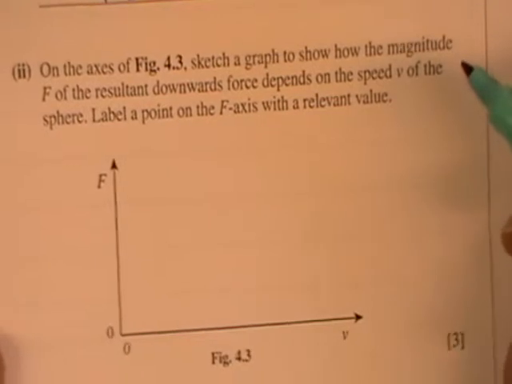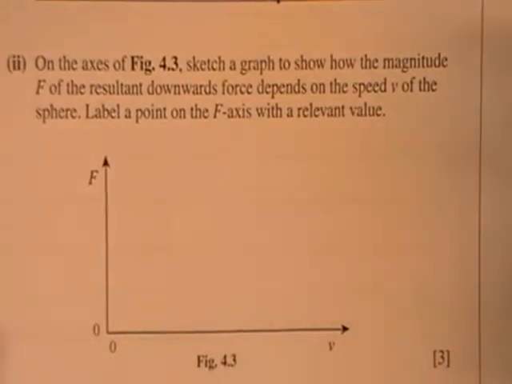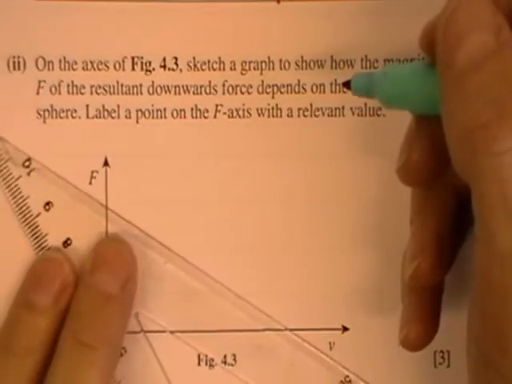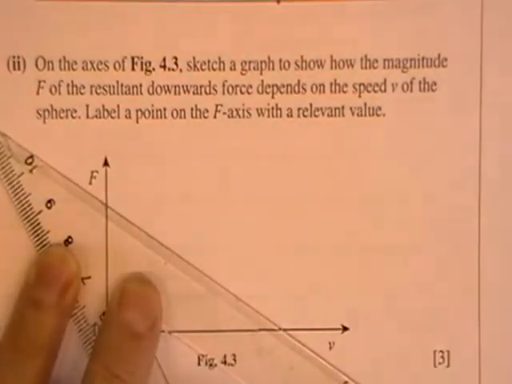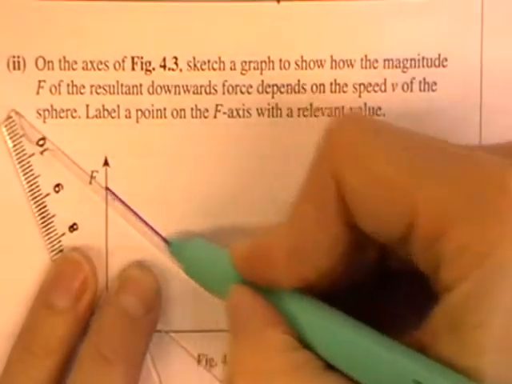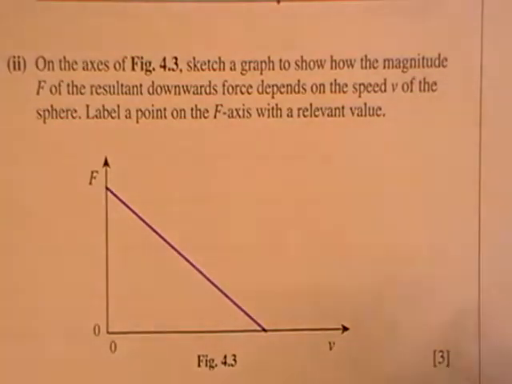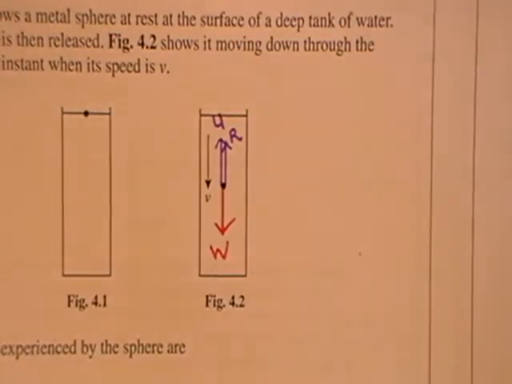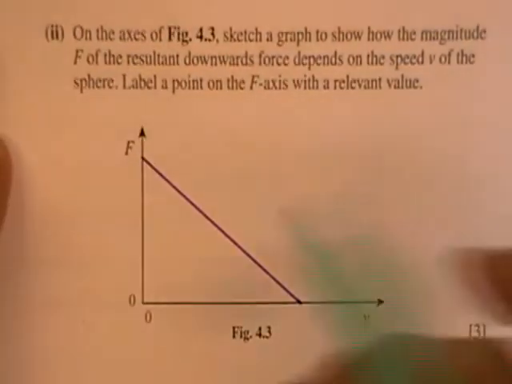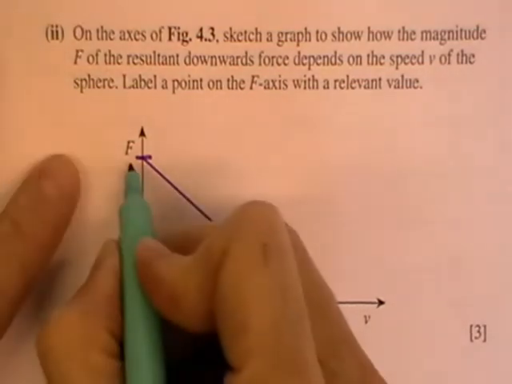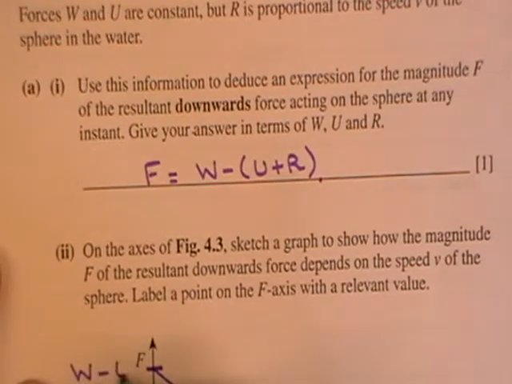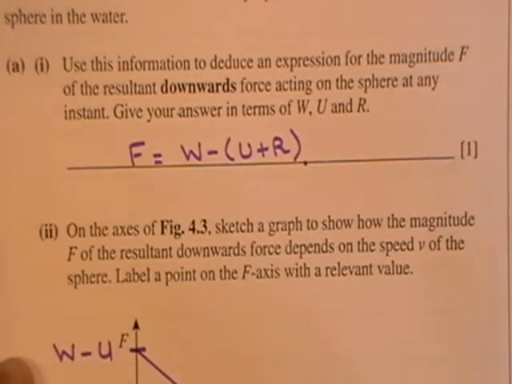R is directly proportional to v, and therefore as v increases, r increases accordingly, so it's going to be a straight line which goes down the way, because that resultant force is going to decrease until these are equal and you have terminal velocity of the sphere. And so the value that needs labelled is where there's no r in the equation initially, in other words w minus u. You could also say down here v equals terminal velocity.